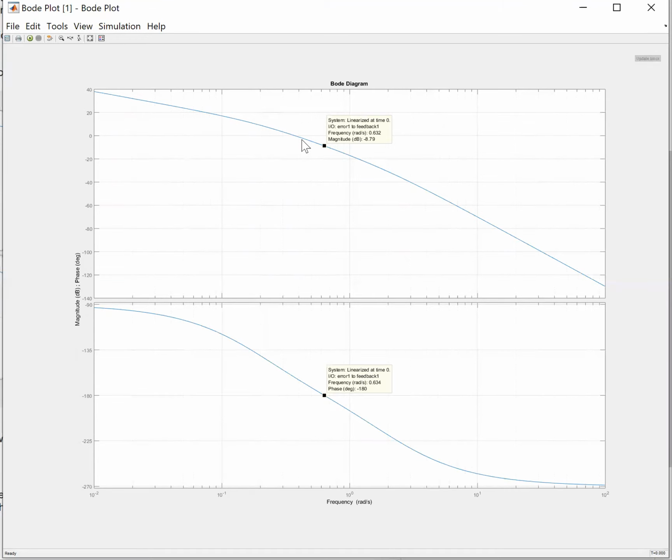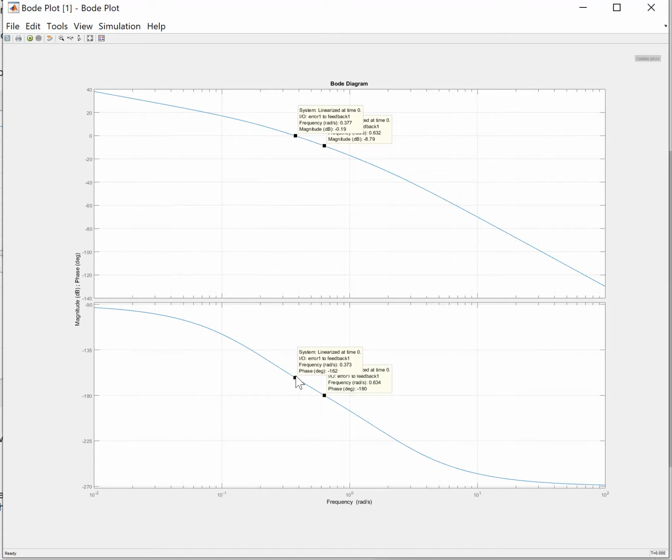And I'll look at where the gain plot crosses 0, which is at roughly 0.37 radians, and I'll go down to the phase plot, and we're looking at a value of about minus 162.